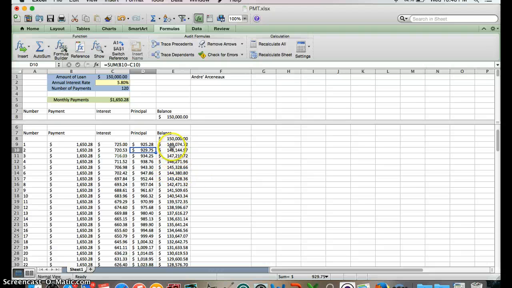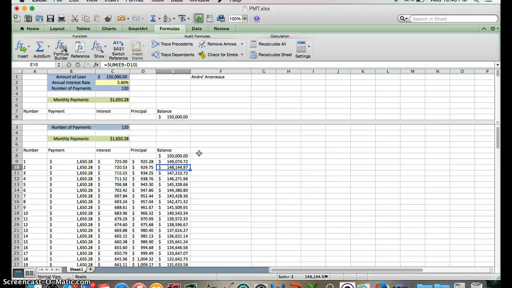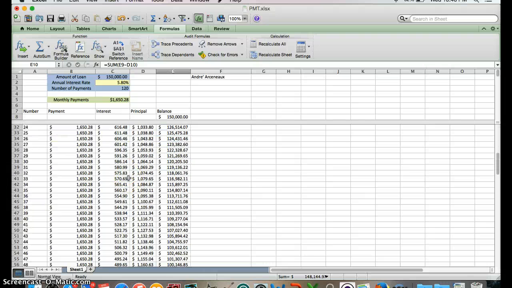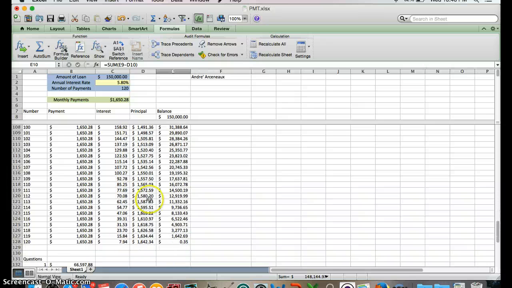So then to get the balance left, which is whatever you owe, just click on that, click the formula button, and you want to do the balance minus the principal, and it shows you how much you owe. So basically just do that for every single one until you get to 0, or until you made your 120th payment.